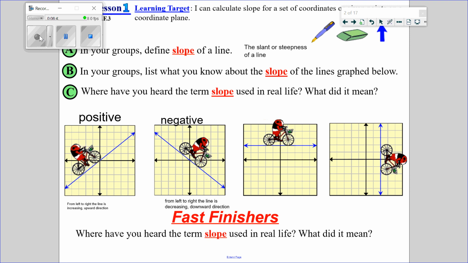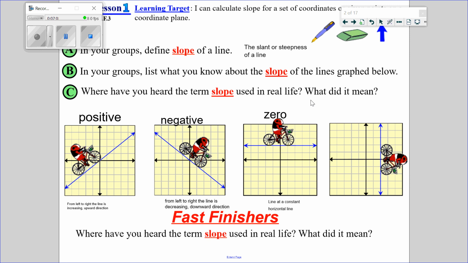Now if we look at the third picture, it's a horizontal line. The little animal is riding his bike on a constant slope. It doesn't change. It's neither going up nor going down. It's just going straight, horizontally, constant slope. This is called zero slope.